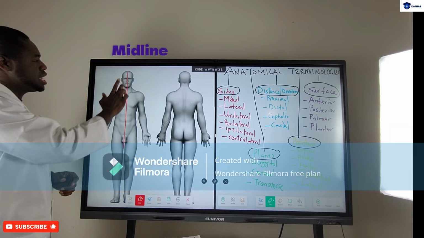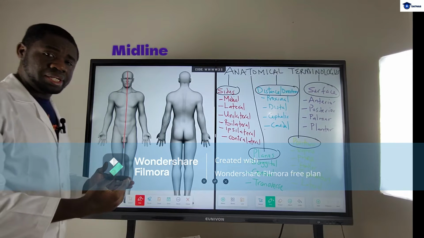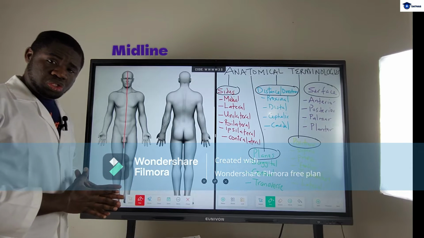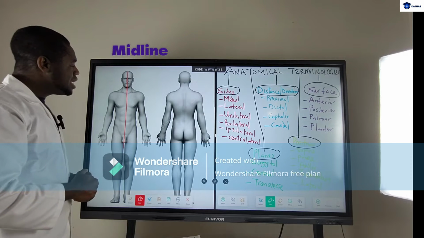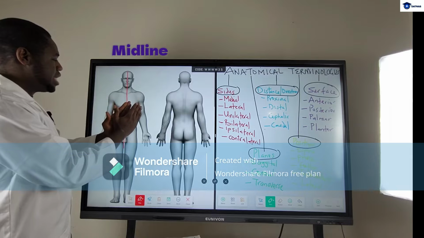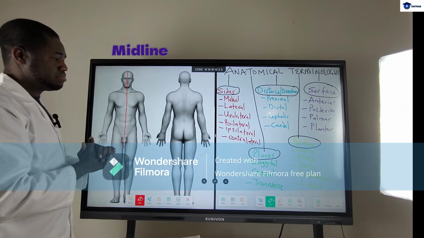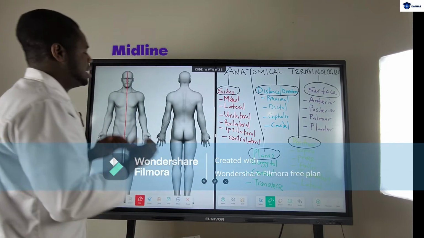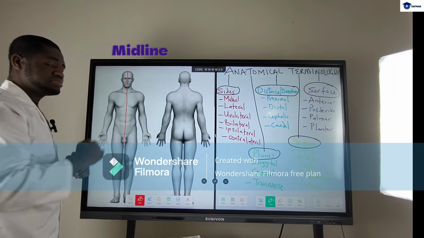You can also call it middle line, but in anatomy, we prefer the term midline. The midline divides the body into two sides, the right side and the left side. So we use these terminologies according to their relationship to the midline.